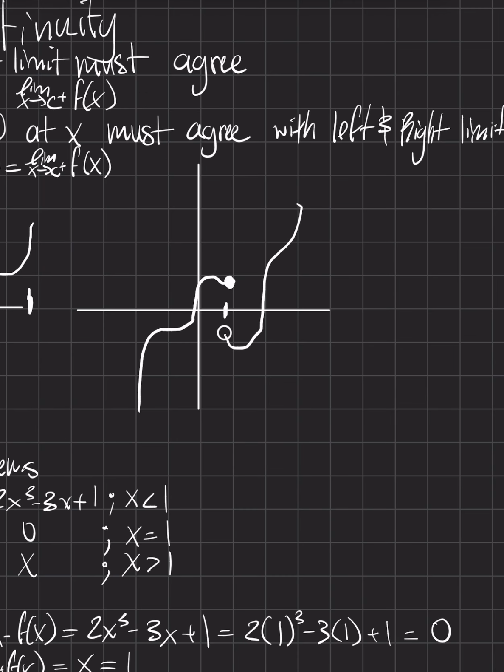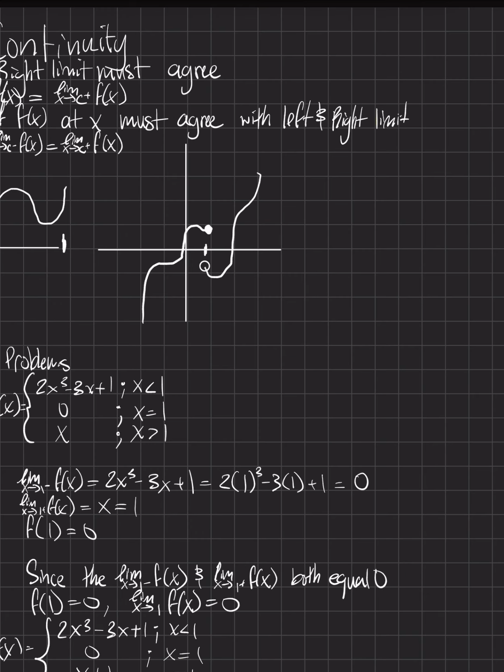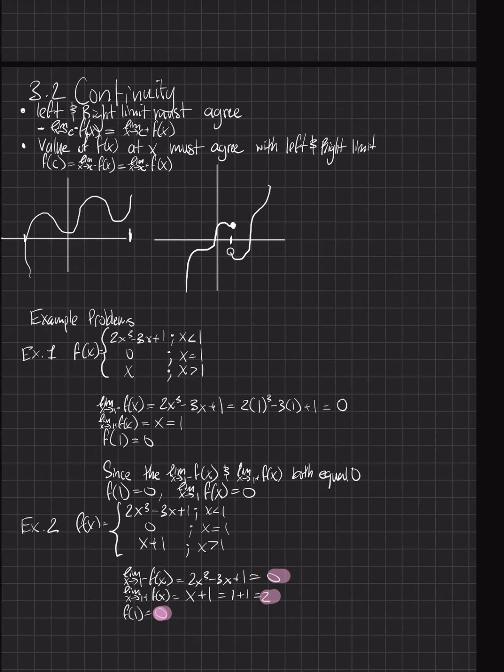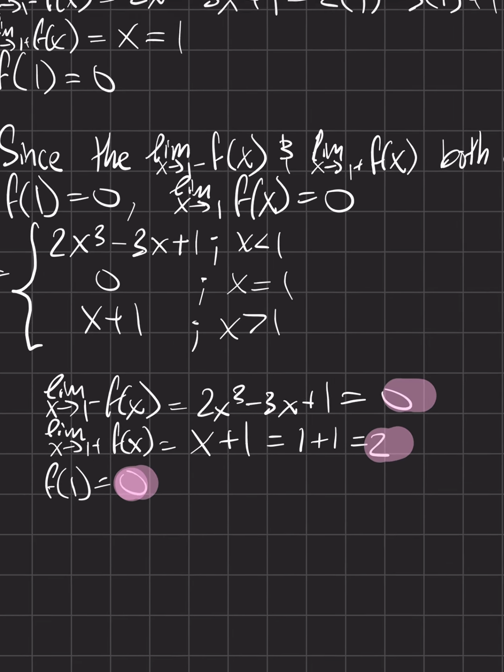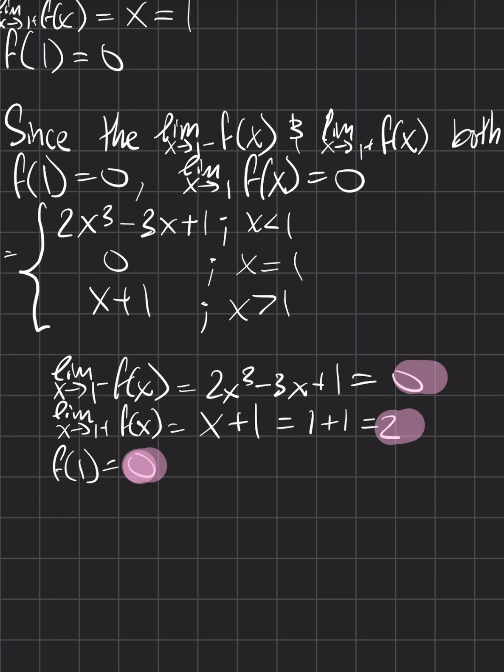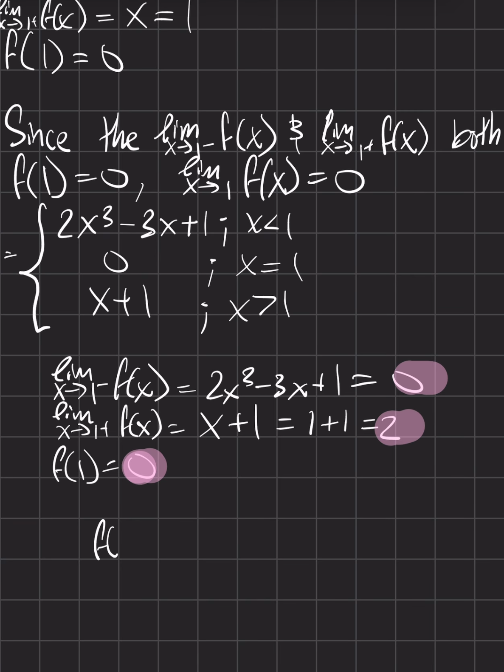And so I have to pick up my pen in order to fully write out this function, meaning that it cannot be continuous. So for our statement, we would say that f of x is not continuous at x equals 1.